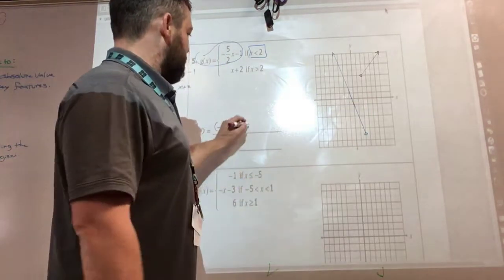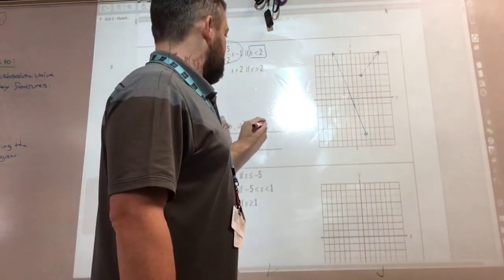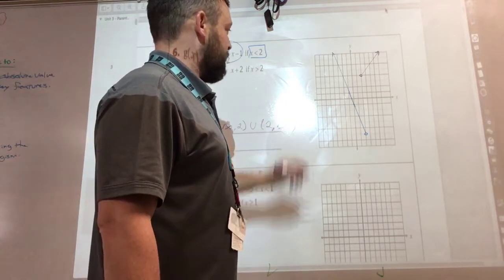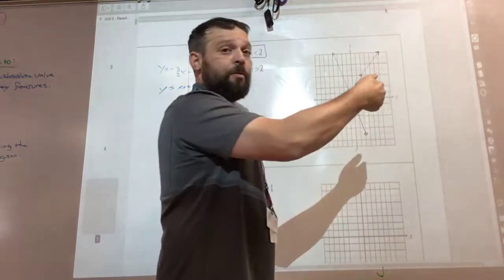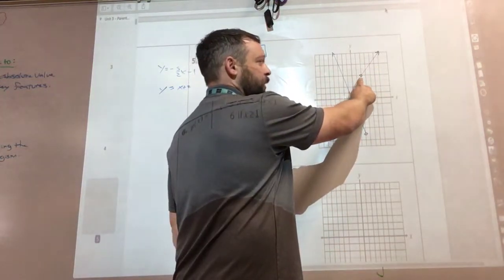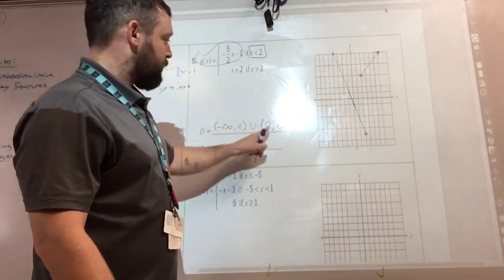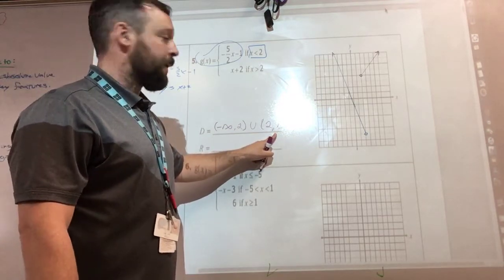Then I take the union with 2 to positive infinity. The reason is that this point right here is also on the x equals 2 line, but I'm not including it, and then I carry on that way with my domain. So this represents that on your domain.